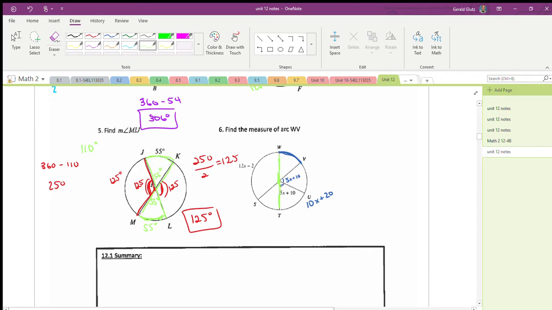Notice that we have a line here and a line here crossing each other, so these two are vertical angles. So 12x minus 2 has to be equal to 10x plus 20. Solving for x, I get 2x equals 22, so x equals 11.